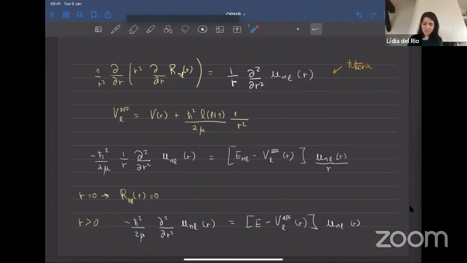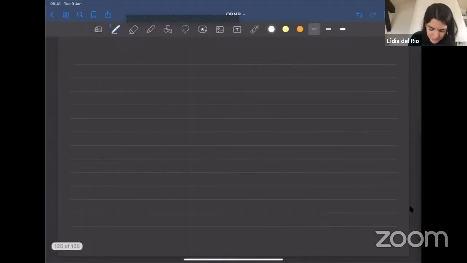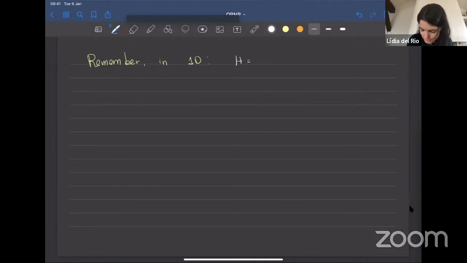Let me just recap what this is. So remember, in 1D, when we had H equals p squared over 2 mu plus V of x, then the equation for the wave function was exactly, so we have p squared over 2 mu plus V of x. At the level of states, it still looks like this.